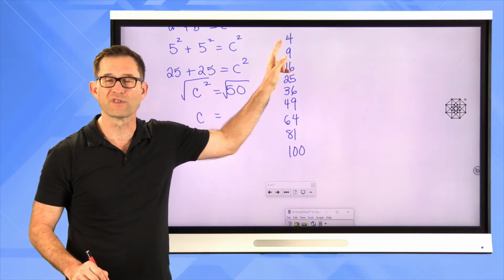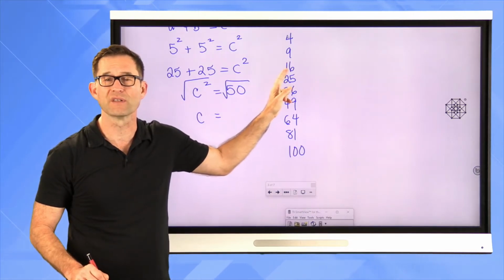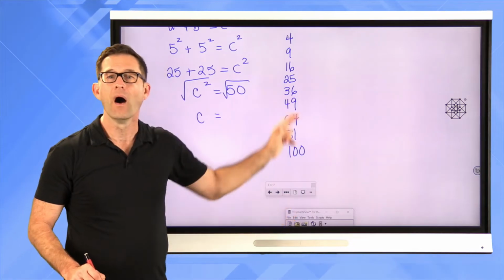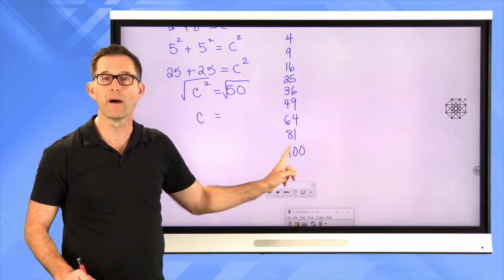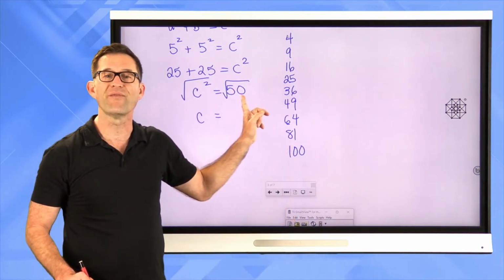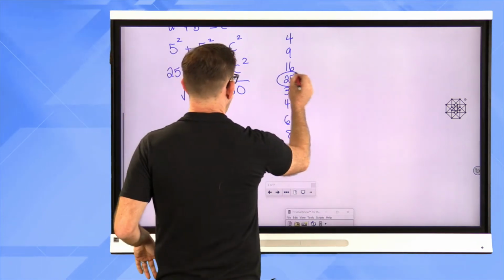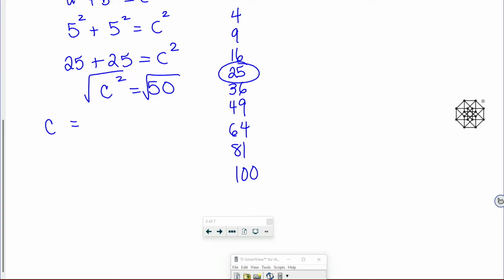The square root of 4 is 2, the square root of 9 is 3, the square root of 16 is 4, the square root of 25 is 5, etc., down the line. I want the biggest one of these numbers that is a divisor or factor of 50. In this particular case, that's 25. So I can break the square root of 50 into the square root of 25 times the square root of 2, and then, as I like to say, take the square root of what you can and leave what you can't.